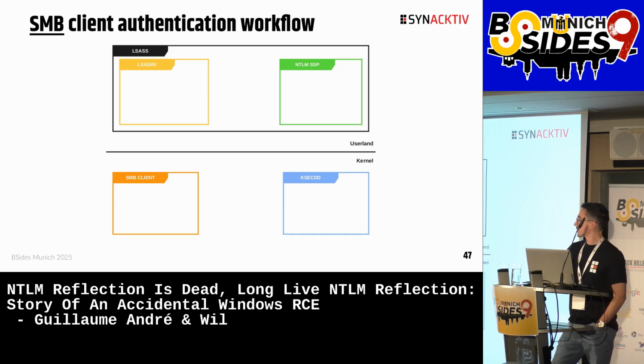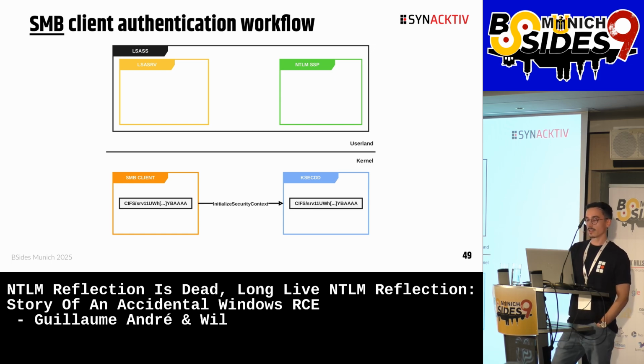So to actually understand why the server decides to perform local authentication, it's important to understand what happens when the SMB client wants to authenticate to the DNS record with the base64 marshaled credential information. First of all, it will build an SPN of the form CIFS/the DNS record. It will try to initialize a security context, which will actually be a call to the device driver ksecdd.